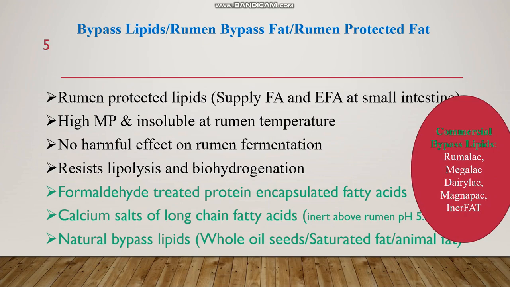They have a high melting point and are insoluble at room temperature. They have no harmful effect on the rumen fermentation. They resist the lipolysis and biohydrogenation process. Commercial bypass lipid examples are Rumalac, Megalac, Dairylac, Magnapac, Interfat.